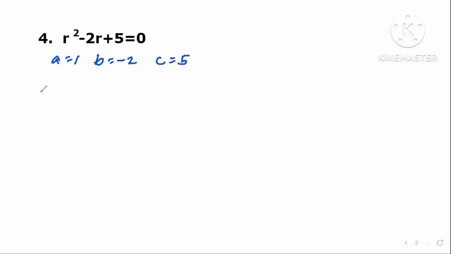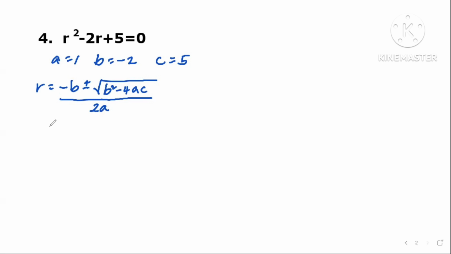So, applying the quadratic formula, we have r is equal to negative of b plus minus the square root of b squared minus 4ac over 2a. So if you notice, no, for each number, i-rewrite ko yung formula para gayahin nyo ko para mapamiliarize kayo. Kasi dapat memorize nyo yan.